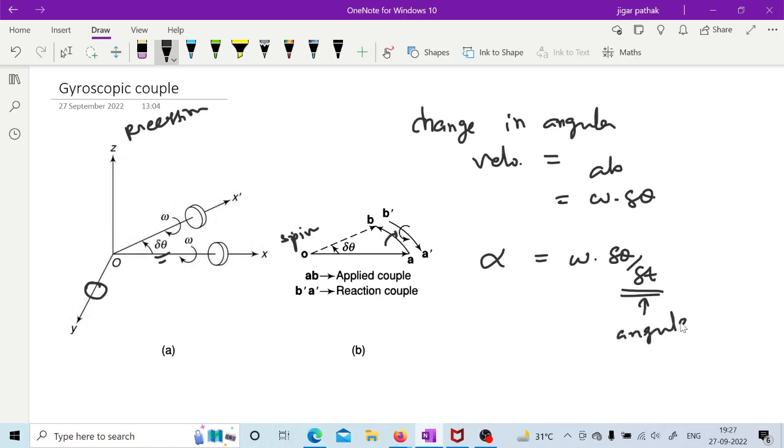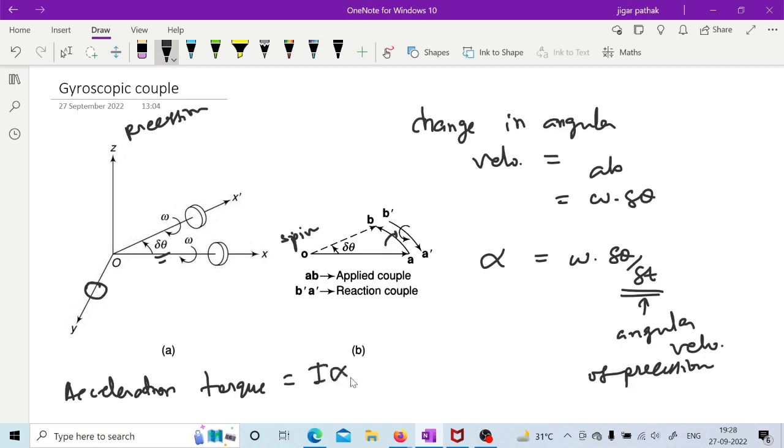Once you have this angular acceleration, you can write the torque: torque is I into angular acceleration alpha.